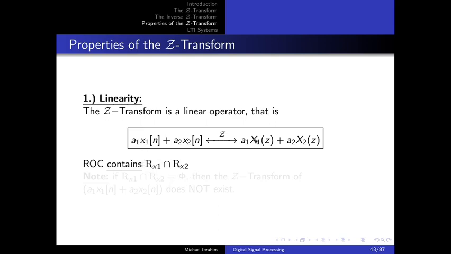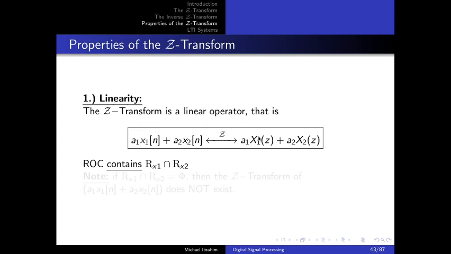The two Z transforms X1 of z and X2 of z both need to converge in a certain region, which is the intersection of the two ROCs. But the property here says it contains the intersection, or in the textbook it says at least the intersection. What is this supposed to mean?